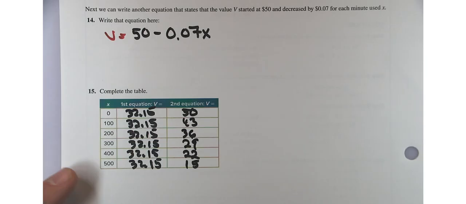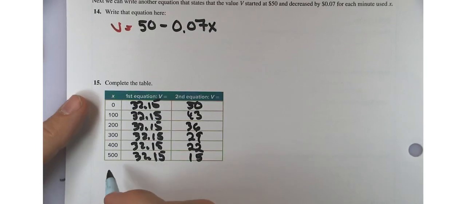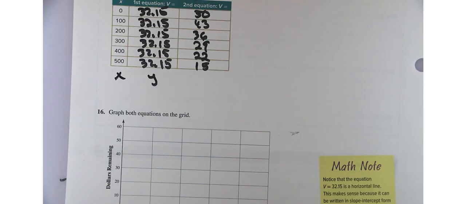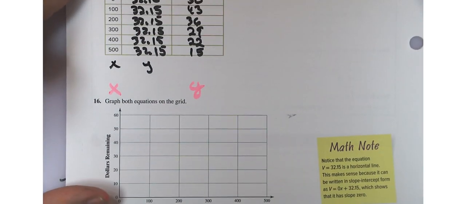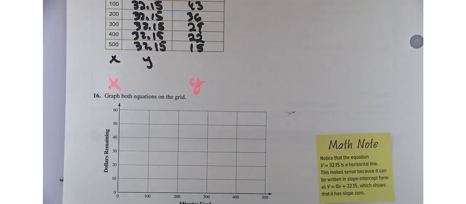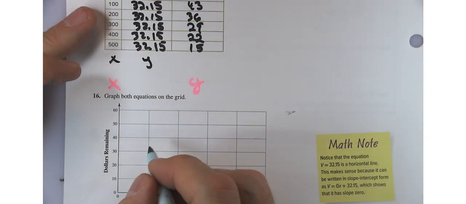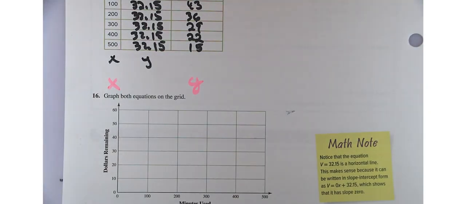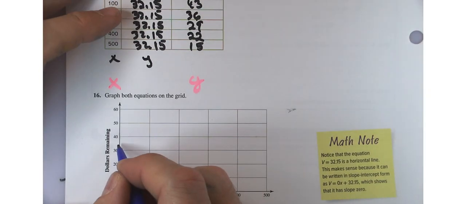Let's graph both of these. So this is your X, this is your Y, and then you have another pair of X and Y's, X and Y for the second equation. For the first equation, 32.15, it's going to be somewhere, let's see, that'd be 35, so 32.15.